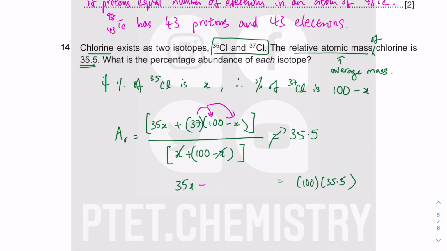Okay, maybe I'll write in pink, then you can see 3700 minus 37x. I can clearly see 35 minus 37 is negative, so I will move the 37x minus the 35x to the right hand side. I will keep the 3700 on this side, and I'll get 3550. You get 100 times 35.5, which is 3550.